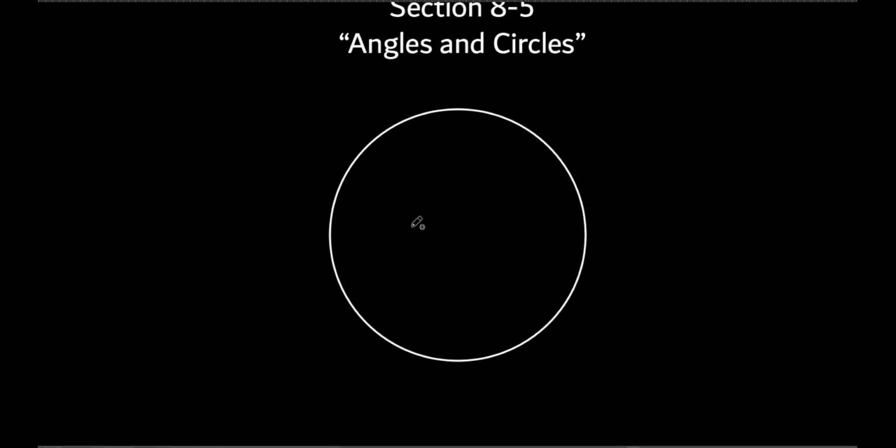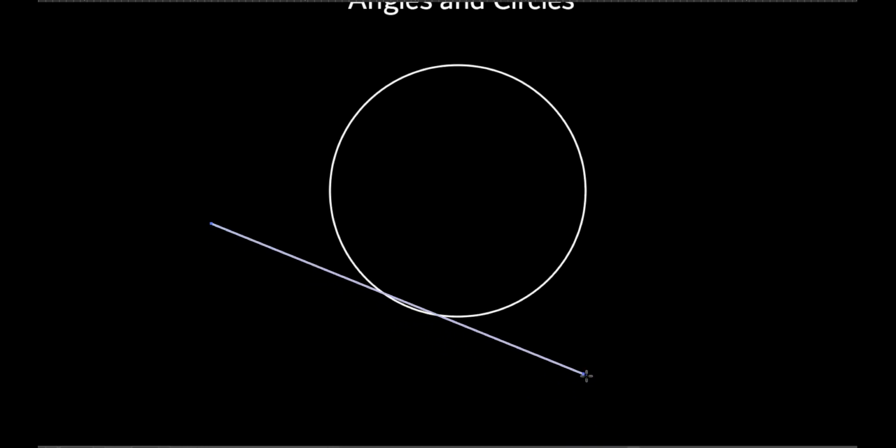Zach, you brought it up earlier, the word tangent. So here's a situation where I have a tangent and it hits right here. What do I call that point where the tangent hits? Anybody remember that? Point of tangency.